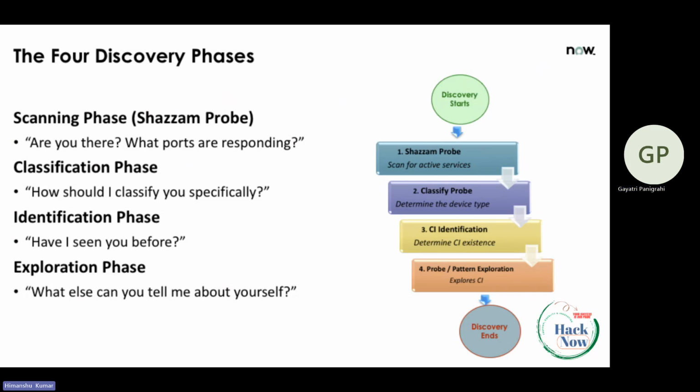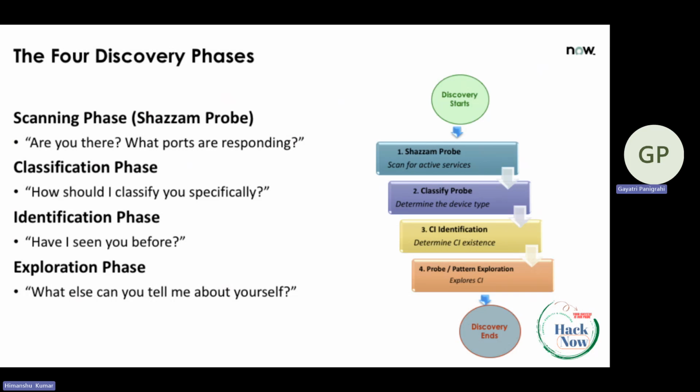The exploration phase is where we tell the machine, please tell me more about yourself. Like if you have installed Apache, you have to tell me about the Apache ports, Apache connectivity, and what process is running on that Apache.